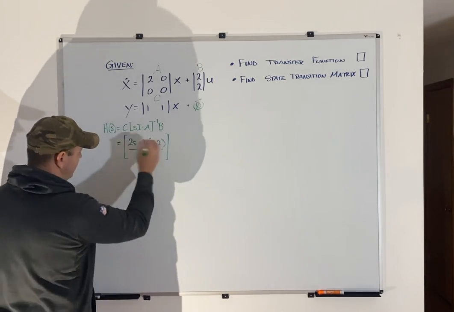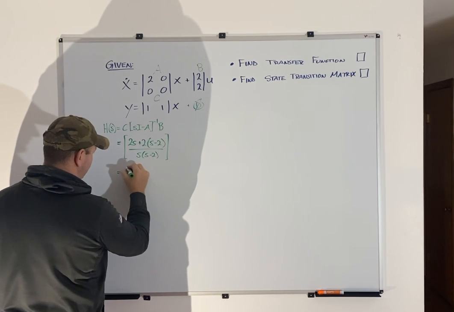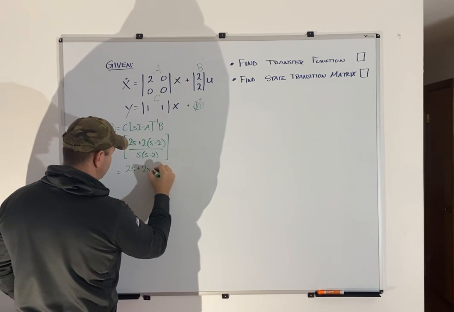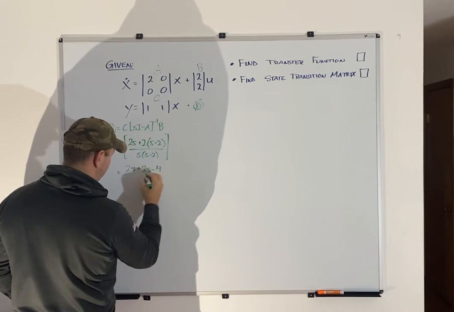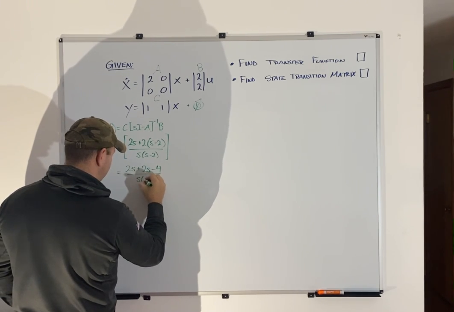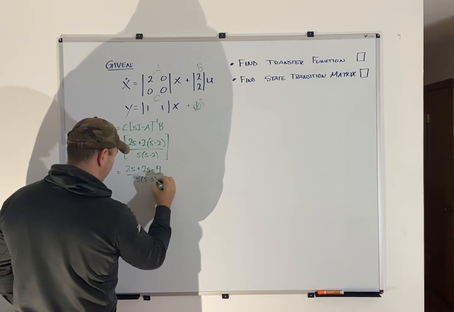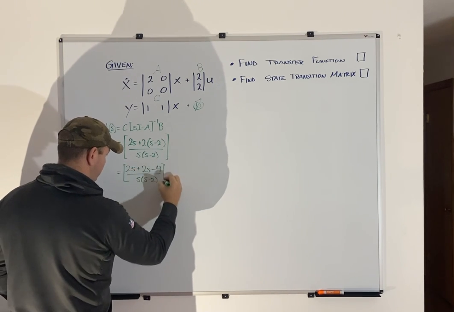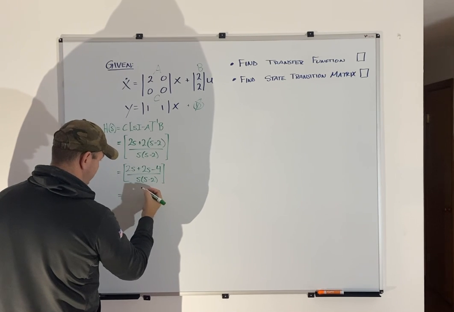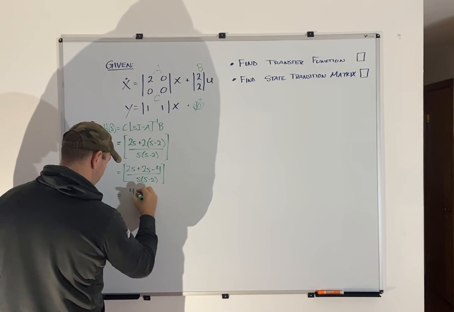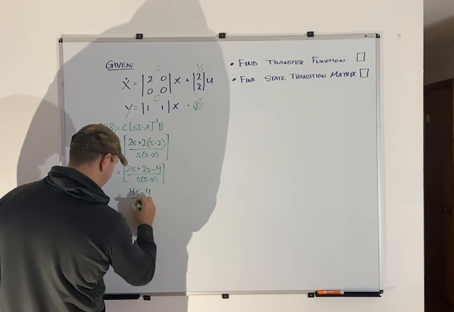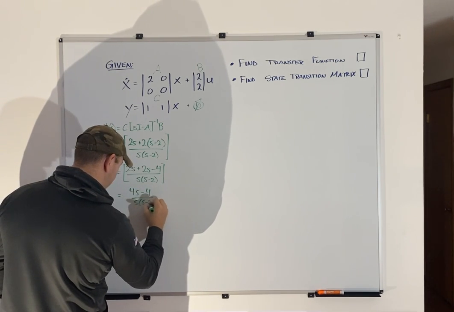Let's clean that up. 2S plus 2S minus 4 divided by S times S minus 2. 2S plus 2S is 4S minus 4 divided by S times S minus 2.